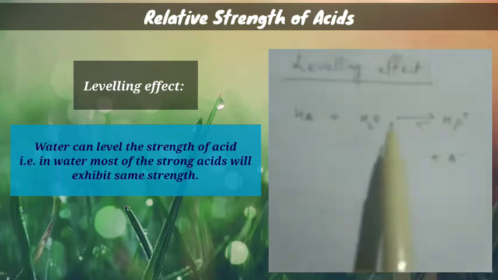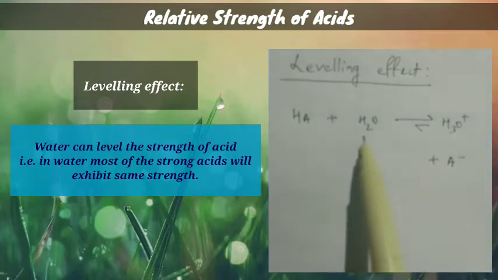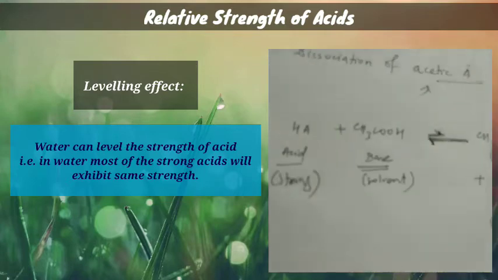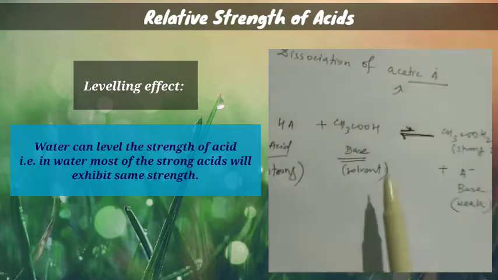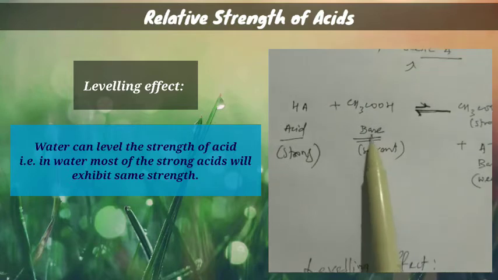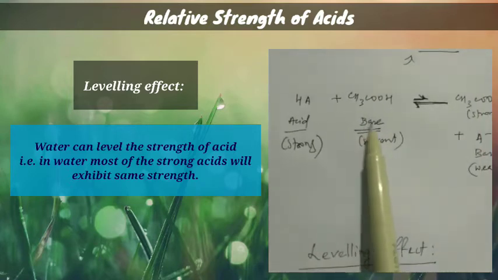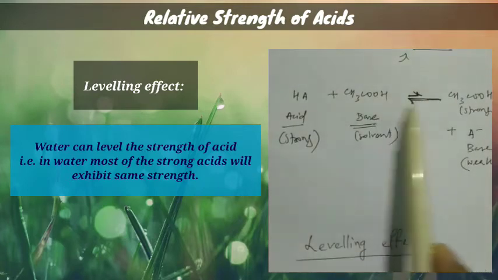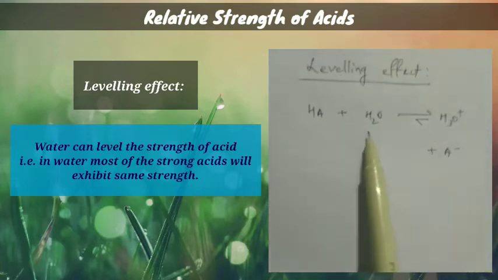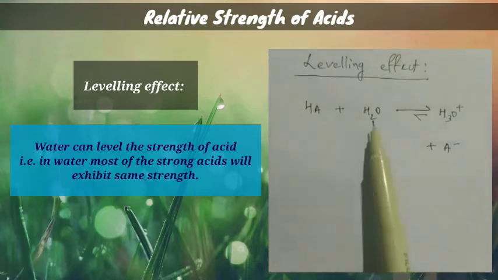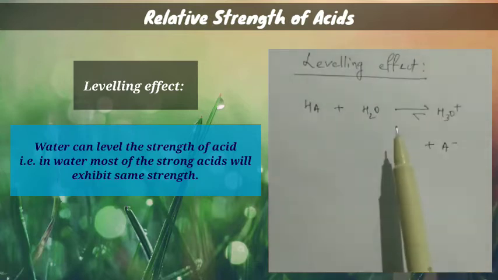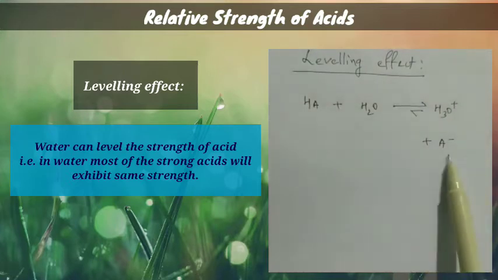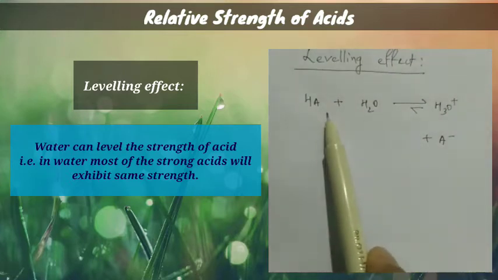That means water will act as a stronger base than acetic acid. In acetic acid, no doubt it will act as a base, but it is a very weak base, so the forward reaction will not be so good. But water is a much stronger base than acetic acid, so it will eventually give H3O positive and A negative, if this is a strong acid.